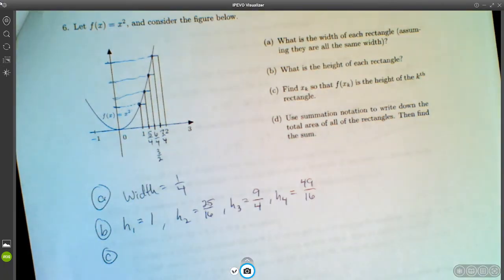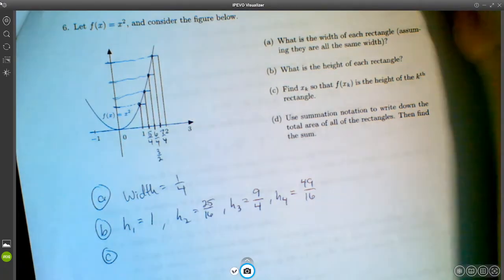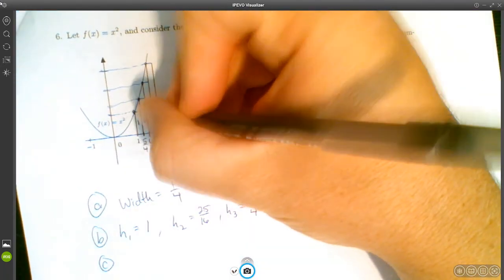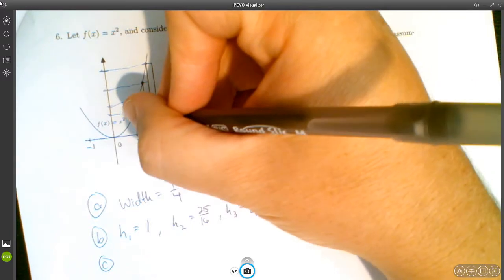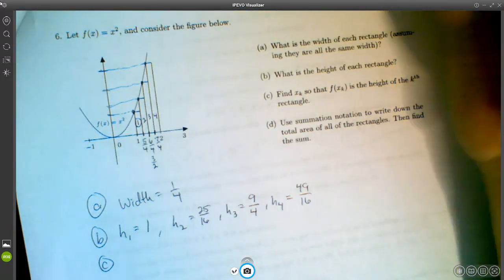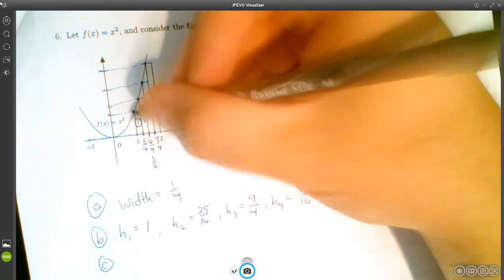Part C says find x sub k so that f of x sub k is the height of the kth rectangle. Okay, so if I call these rectangles 1, 2, 3, and 4, right? So for rectangle 1, I want x sub k so that f of x sub k is the height of the first rectangle.